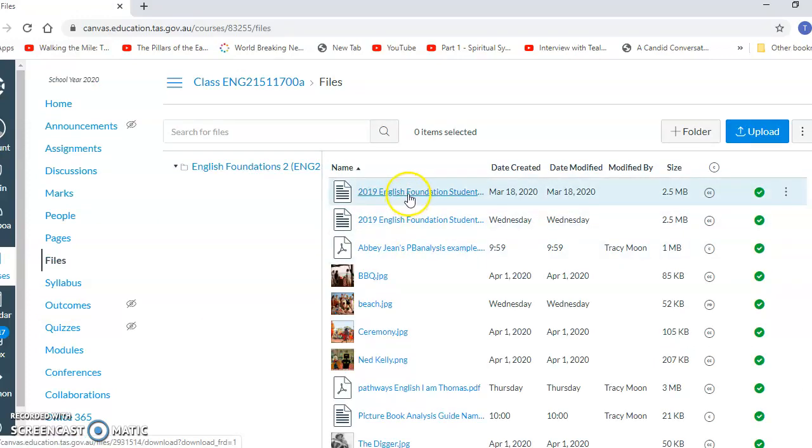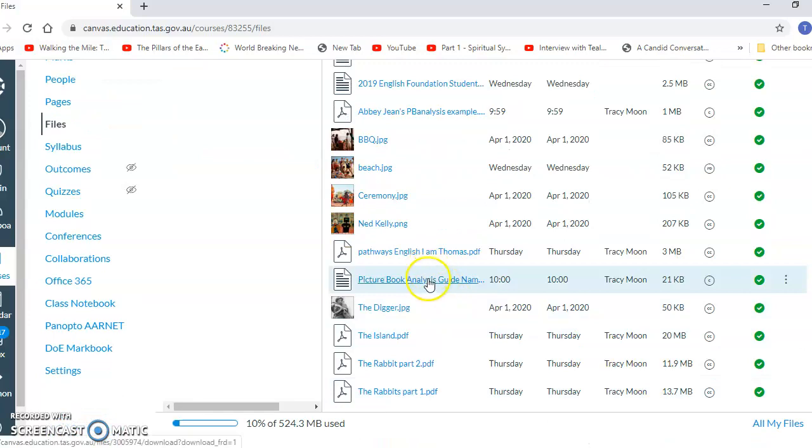You can see there's the booklet, there's another booklet, there's all the pictures that are in the booklet. Here is Abby Jean's picture book analysis example, so the completed example. Here is I Am Thomas, so that's the picture book. Down here is the picture book analysis guide that you can fill in, but I've sent it to everyone.